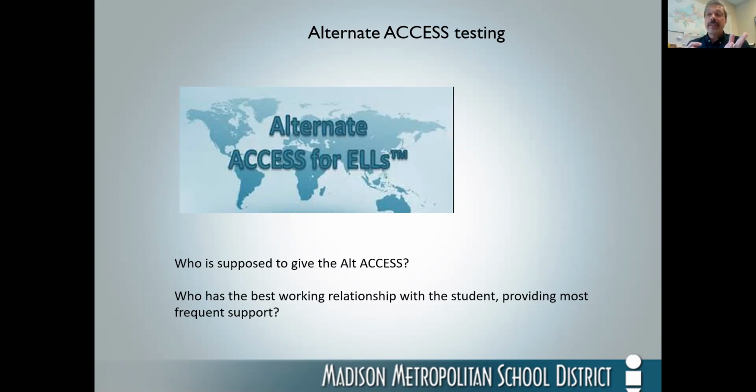The CC teacher typically will probably be there to support the student and encourage them as they move forward throughout this test, because they know signs of when a student is becoming frustrated, when they are doing well. So a team approach is actually probably the best option for giving students the best opportunity for the alternate access test.